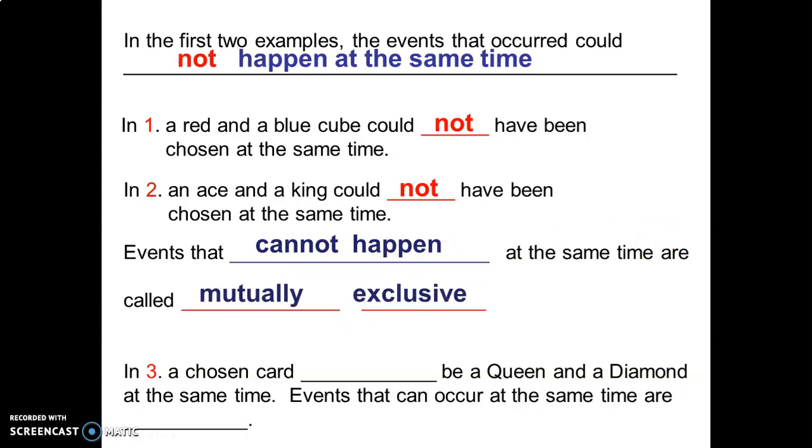All right, I had to say it 3 times. That's a key term in probability. Make sure you memorize that term and what it means. However, in number 3, a chosen card can be a queen and a diamond at the same time. Events that can occur at the same time are called inclusive.